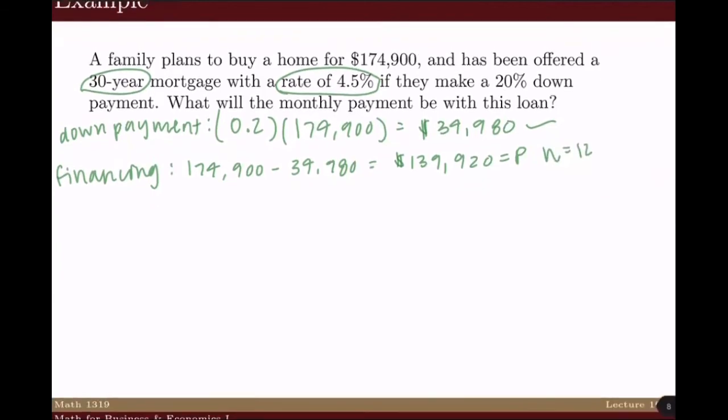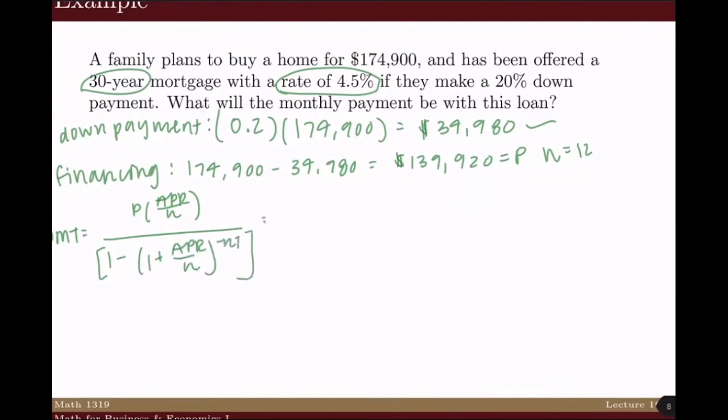So I'll go ahead and write the formula. It's PMT is equal to P times APR over N divided by 1 minus 1 plus APR over N to the negative NT.